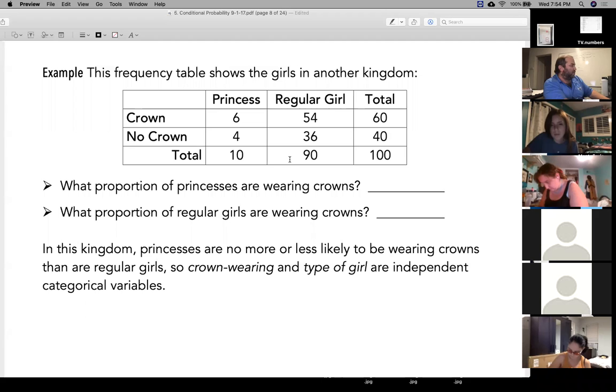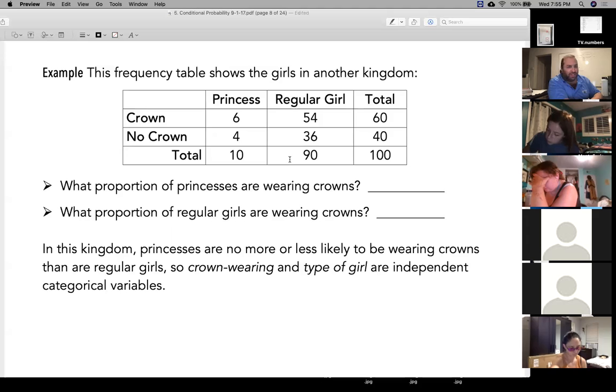Now, mathematically, 54 out of 90 as a decimal is what? 0.6. Even though the numbers are much different, because of course we have a lot more of them, mathematically the percentages are exactly the same. Correct? And that's just what the math gives us.